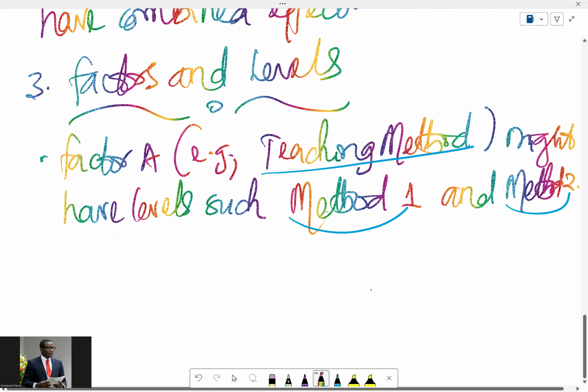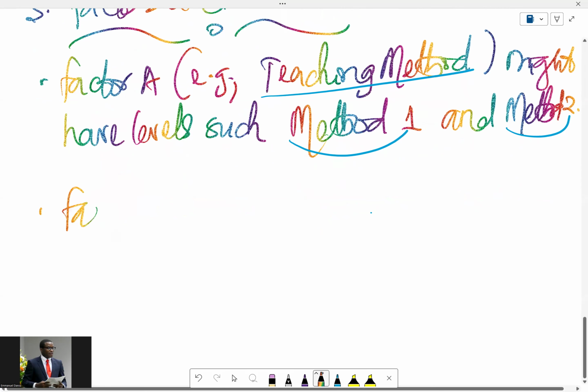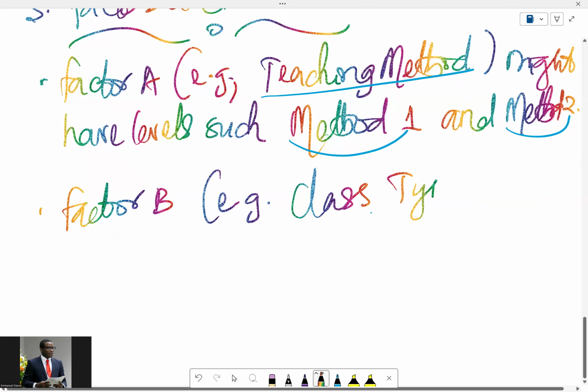In this case, you also have factor B, which will be class type. So you're looking at the effect of teaching method and class type on maybe student performance.